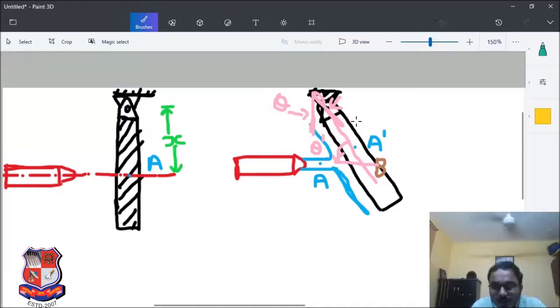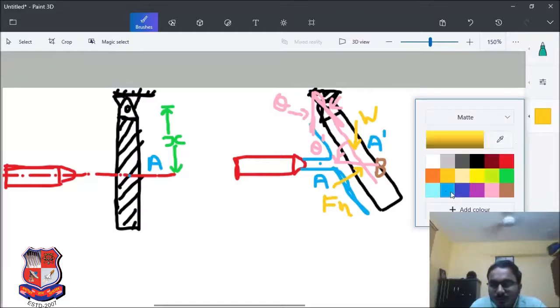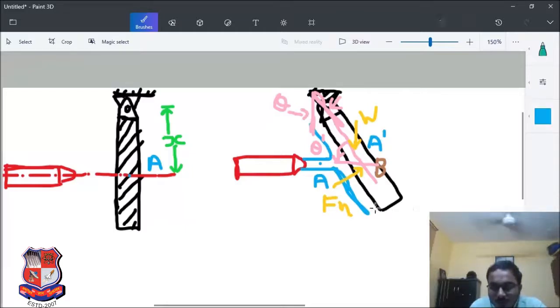One will be the weight force, that is W. Then one will be the normal force, which will be acting through this B. So this will be Fn, the Fn force. Here the final velocity of the jet will also be V, and here also the exit will be V.